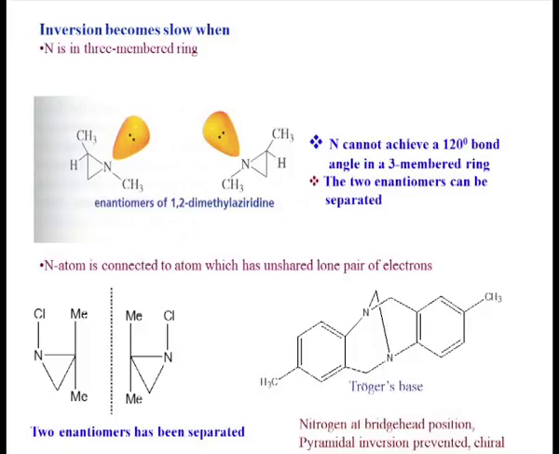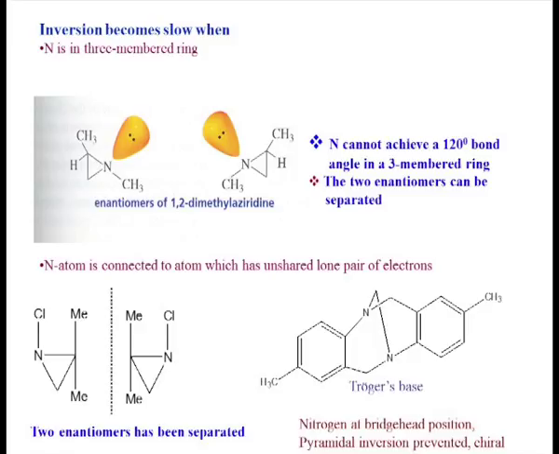A nitrogen atom is connected to atoms with an unshared lone pair of electrons, like this. If I put this picture in this way, then what is happening? A 3-membered ring with nitrogen that is chlorine substituted, and in this structure also there is this methyl. This is not the chiral center because symmetry is there; this is methyl, this is also methyl. But this is the chiral center, where nitrogen has chlorine, cis Me, the lone pair of electrons, and a fourth group, CH2.